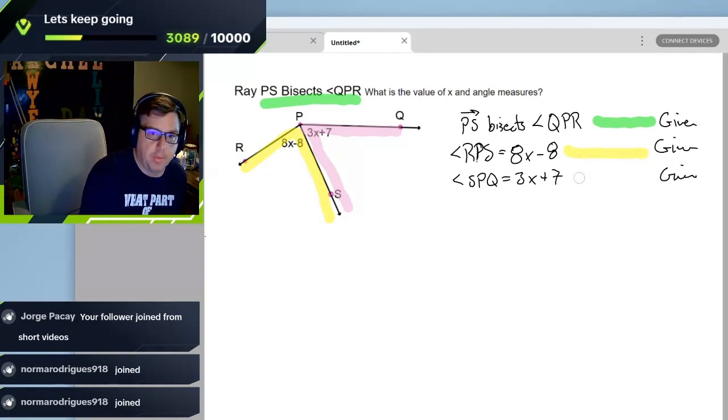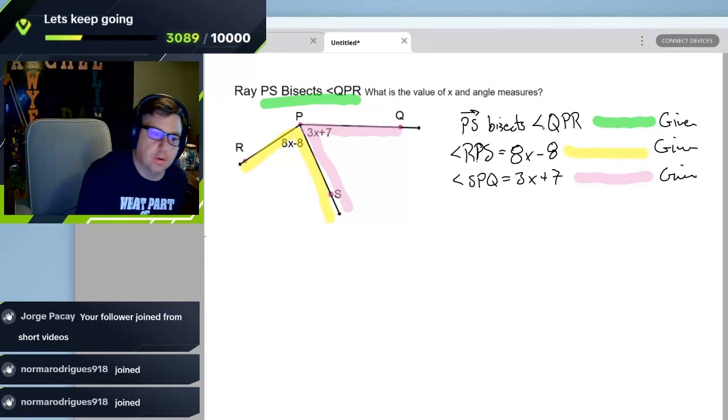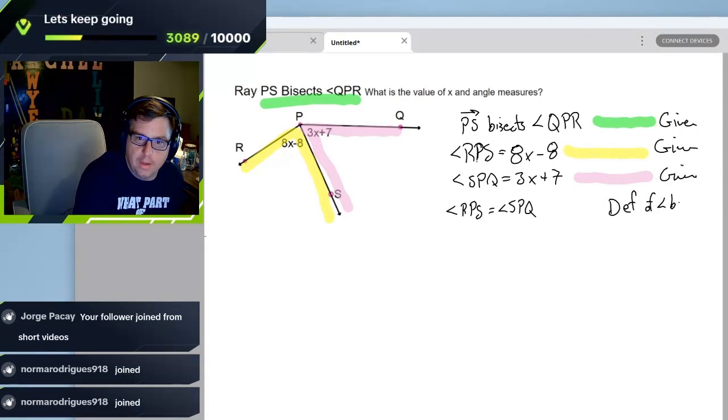Yeah, I know my given's sloppy, but it is what it is. Now go back to your bisector. You have to use your bisector information. So what that's telling me is angle RPS equals angle SPQ, because we're using the definition of my angle bisector.